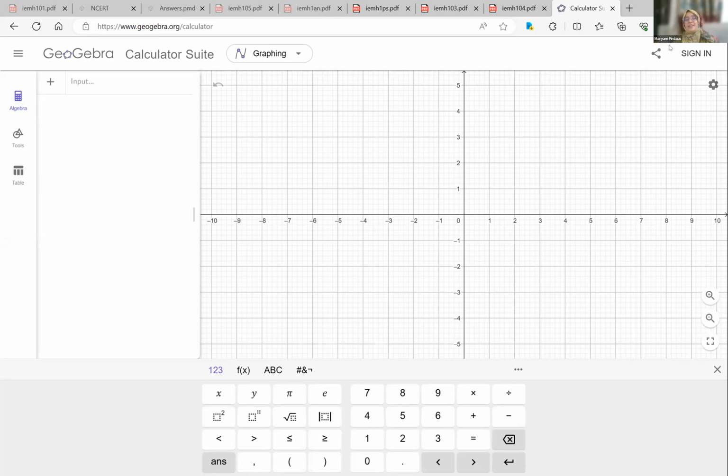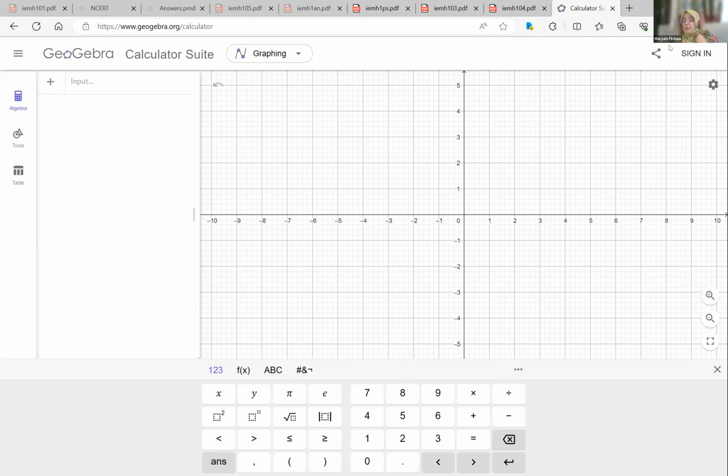So if it is 2xy, just imagine what will be the degree of that term 2xy? The power of x is 1, the power of y is also 1. So the degree of that term will be 2. But we are talking about degree 1. Tell me an example of a linear equation again, in two variables.